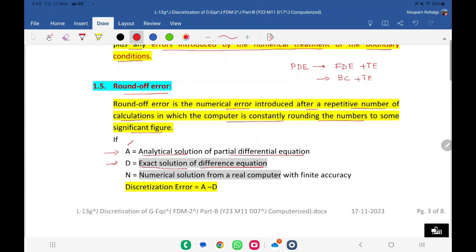So on one side you have partial differential equations, on the other side you have finite difference equations. Okay? This gives you the analytical solution, this gives you exact solutions. But these two solutions will be different because the equations are different.